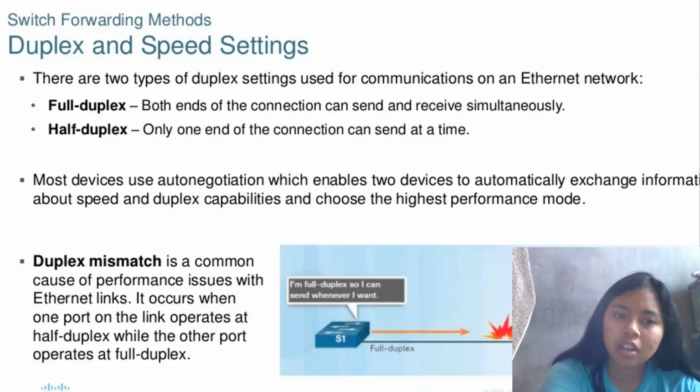Duplex mismatch is a common cause of performance issues with Ethernet links. Auto-MDIX: connections between specific devices such as switch to router, switch to host, and router to host were once required to use specific cable types.